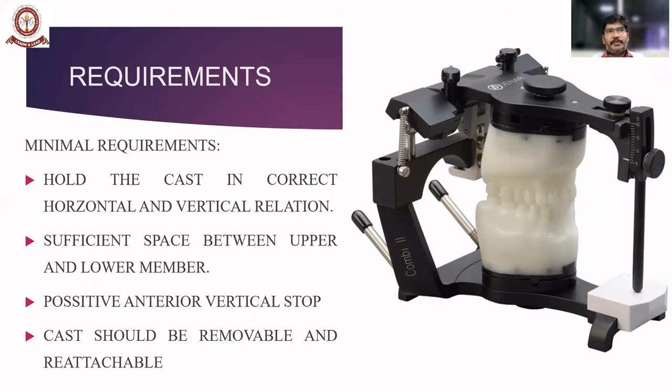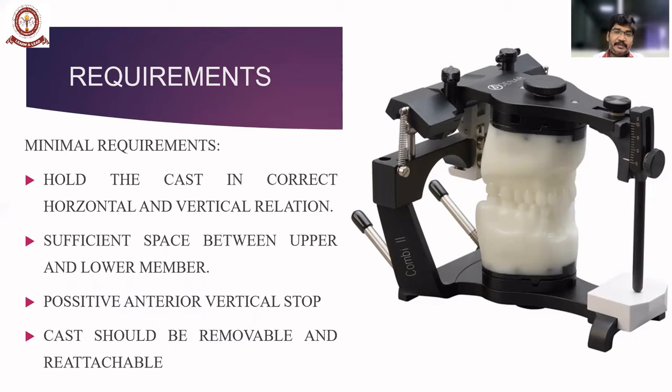Any instrument or equipment to be used in dentistry shall possess minimal requirements. So the basic requirement for an articulator includes to hold the cast in correct horizontal and vertical relationship. Allow sufficient space between the upper and the lower member.